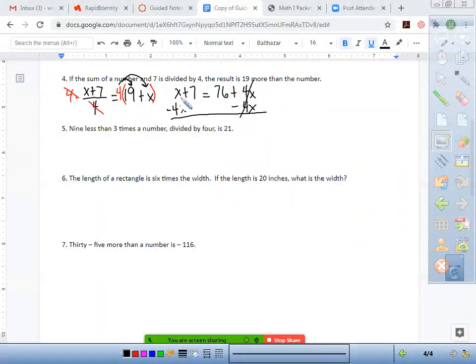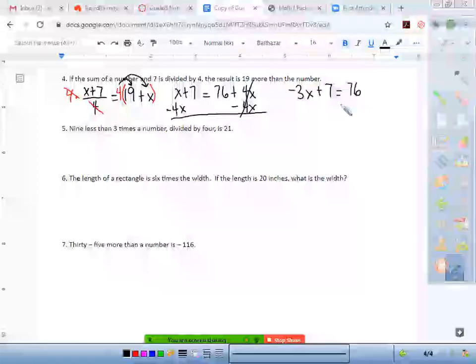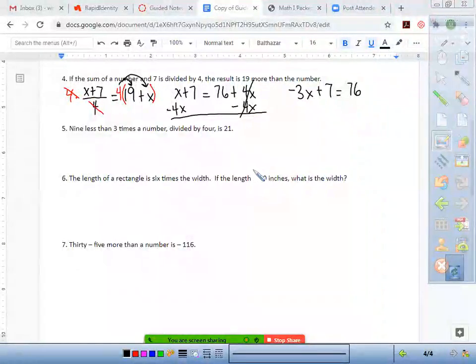So let's see, that's going to be x minus 4x is going to be what? Negative 3x plus 7 equals 76. What's our next step? So we're going to get negative 3x equals 69.